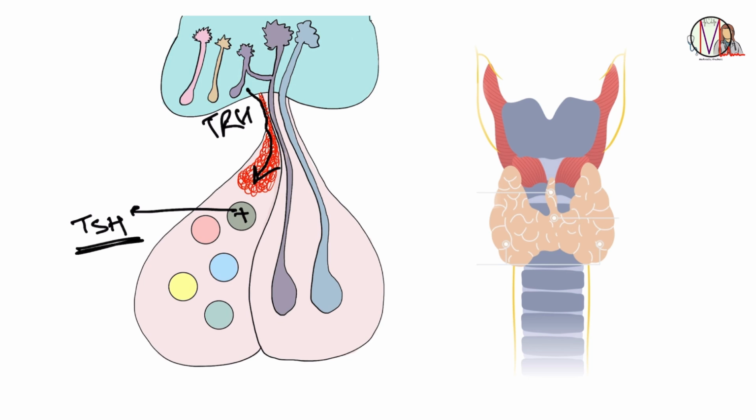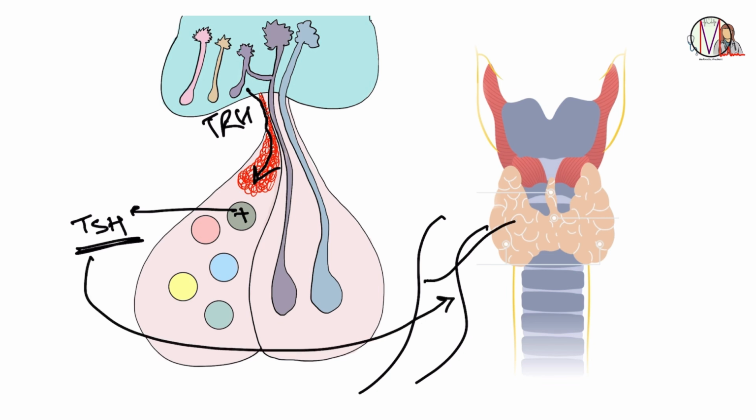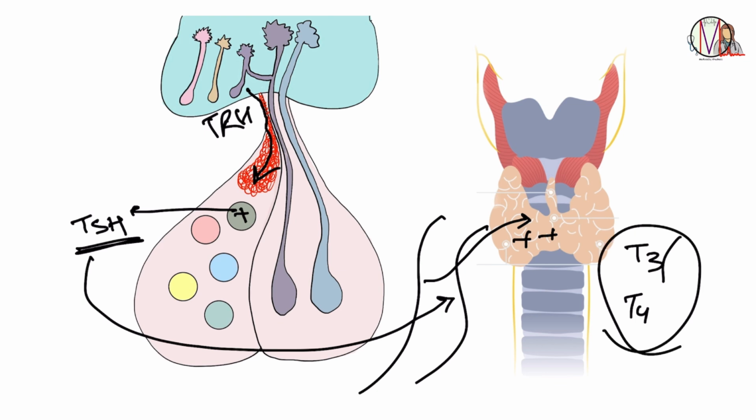And this thyroid stimulating hormone, as it is an endocrine hormone, will travel via the blood and reach the thyroid gland and stimulate the release of thyroid hormones. The thyroid hormones, that is T3 and T4, are synthesized by thyrocytes in the thyroid follicles.